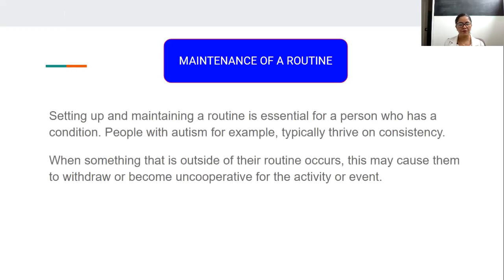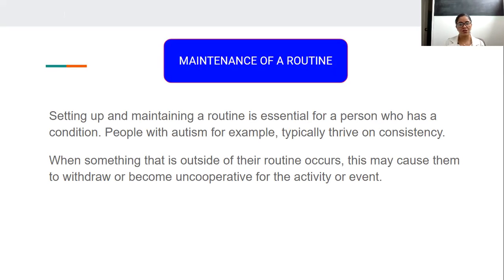So the idea is to set up and maintain a routine if possible. For example, people with autism typically thrive on consistency. But I have also realized, because of my experience with the students and because of this research study, that students with ADHD and Down syndrome also need consistency in routines and they thrive.